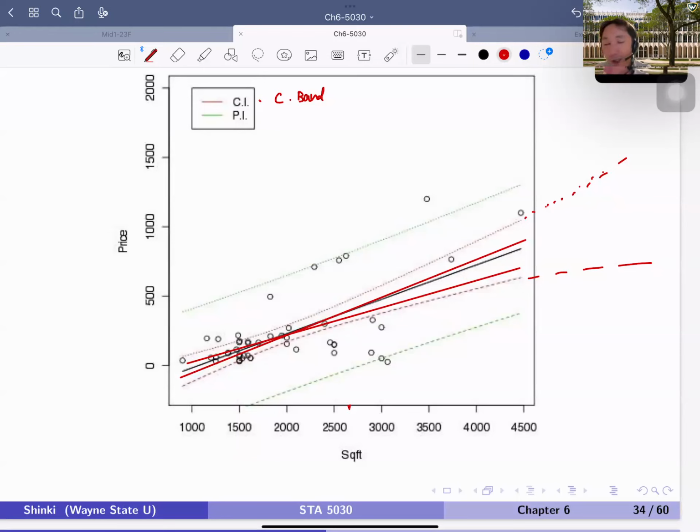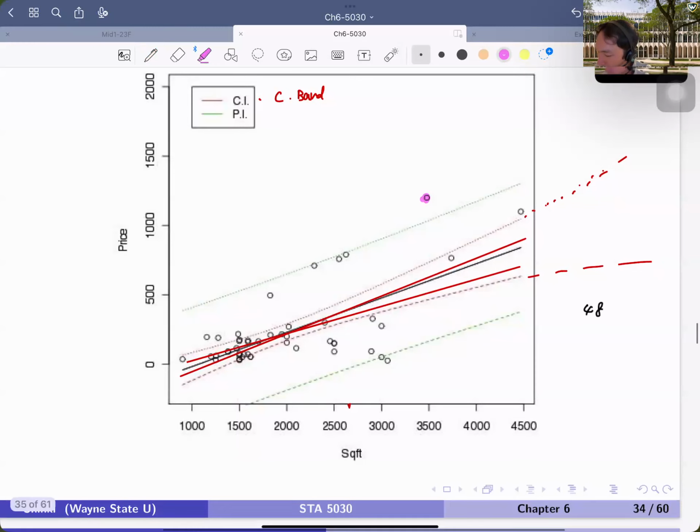And the green one is the prediction interval. This basically means how many observations in the future are within this band. This has a sample size of 48 or so, and we have one or maybe two observations out of this range. So 2 out of 48 is about 4%, so about 5%.